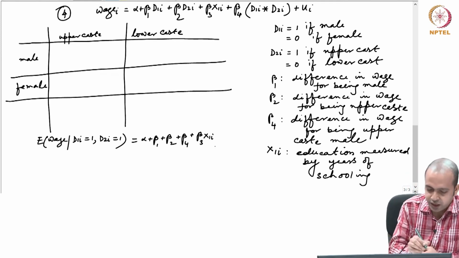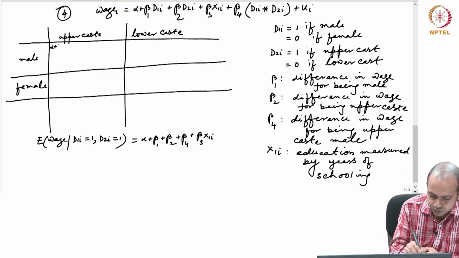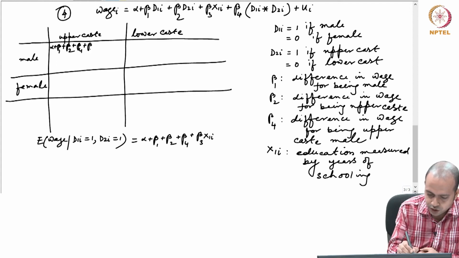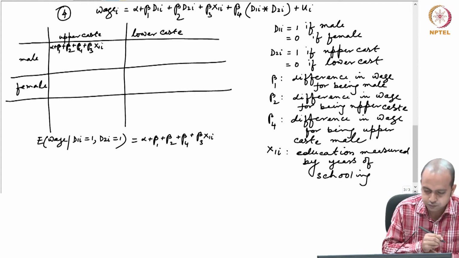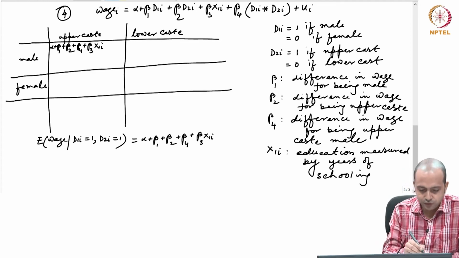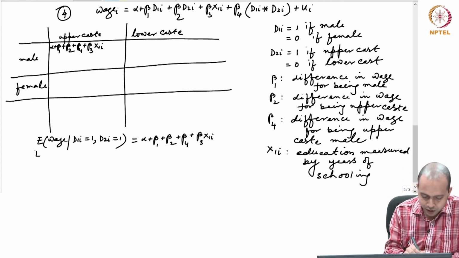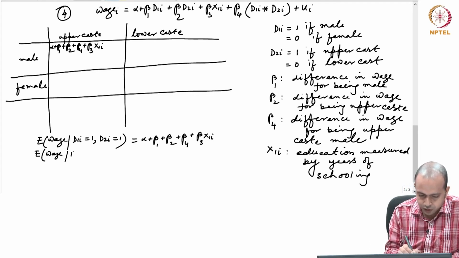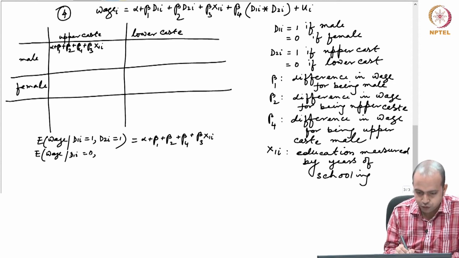So the same thing I will write here, alpha plus beta 1 plus beta 2 plus beta 4 plus beta 3 x1i. Similarly, for the female category, what will happen? Expectation of wage given D1i equals 0, but D2i is still 1 because I am considering upper caste female.